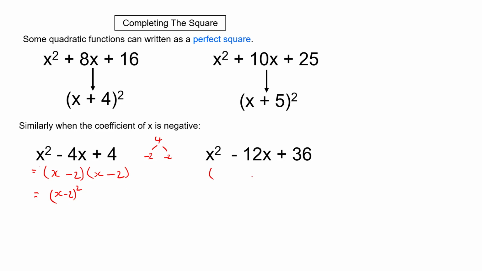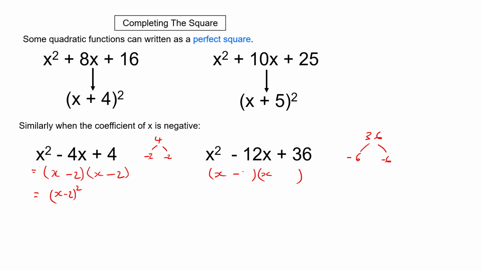And on this one, let's get our double brackets ready. We've got x times x, because there's no coefficient in front of the x squared there. So we look at our 36. What's the square root of 36? Since we're looking at perfect squares, it's going to be 6 times 6. However, it's a minus 12x, so they both have to be negative.